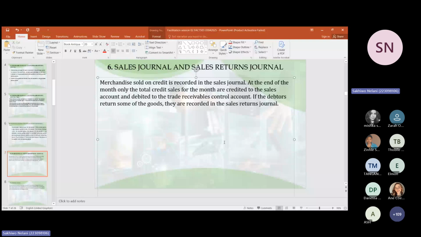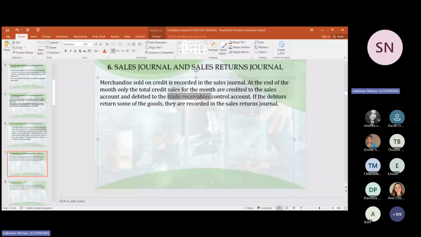We should not be confused by the previous slide, where we talked about trade receivables. When it's you and your customers, they are sometimes called trade receivables. We must know that these are your debtors. These are your customers. We call it trade receivables.